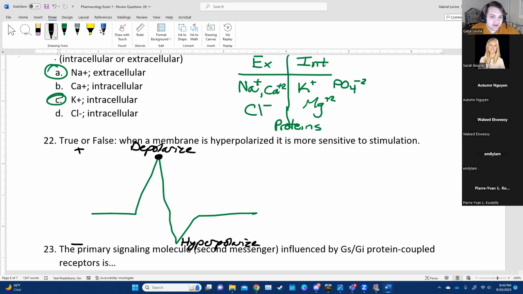This is where stimulation and the action potential fires, and then we have whatever action we have. So the closer we get to depolarization, the more sensitive you become. If you're hyperpolarizing, you become less sensitive. So this would be false.